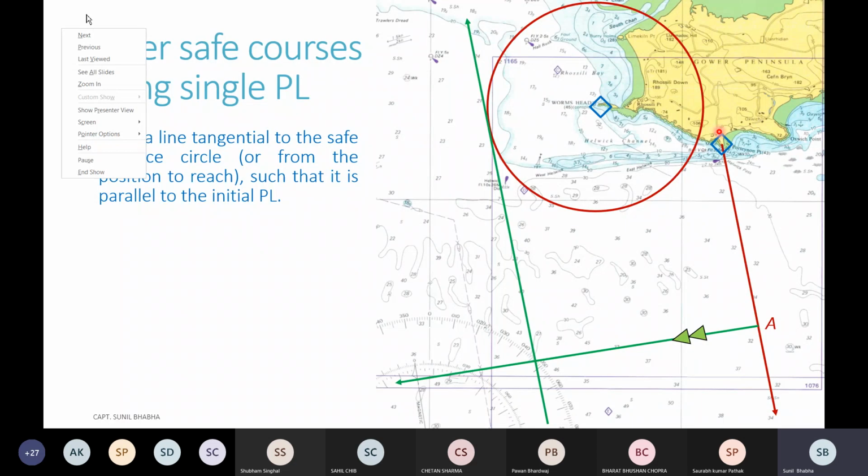So if they have given you a position where you have to reach, then you draw this parallel line in such a way that it passes through that particular position, because in that case we will not be able to draw the circle, as they have not given us any safe distance. They have given us a particular position, so we will draw a line parallel to our initial PL passing through that position. Is it clear now, beta? Yes sir. Okay, let's move ahead.